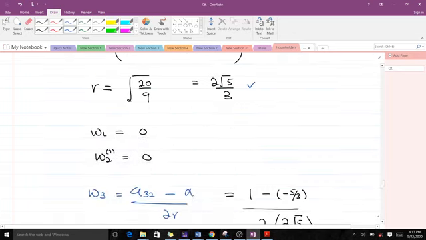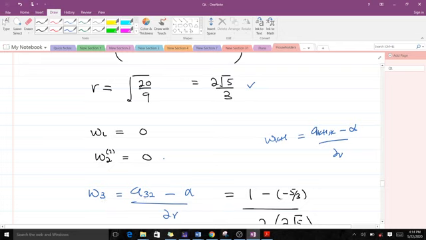Alright, then note that we've already set our W1 to be 0. So in this case, since you are doing the second iteration, our W2 will also be 0. Then for our W(k+1), remember it was equal to A(k+1,k) minus alpha over 2R. So here k is 2, so you are going to have k plus 1, which is 3.